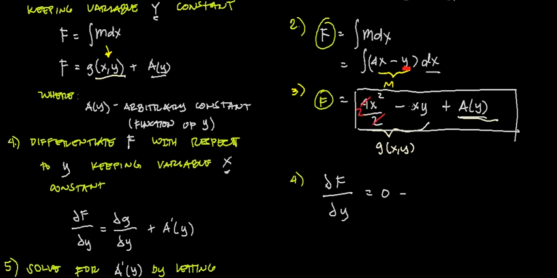Then minus the derivative of a constant times y, so we have negative x, since the derivative of negative xy is just negative x.